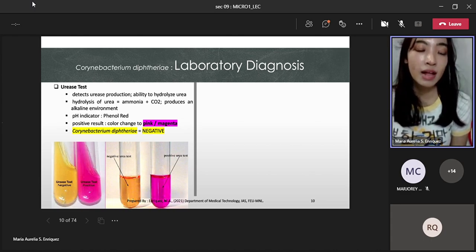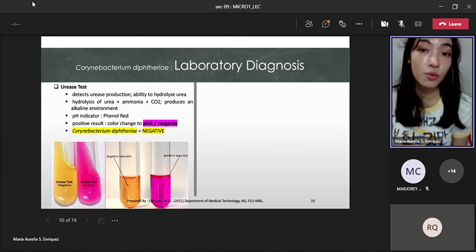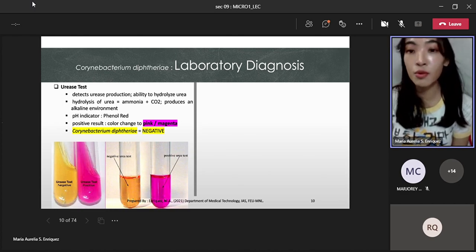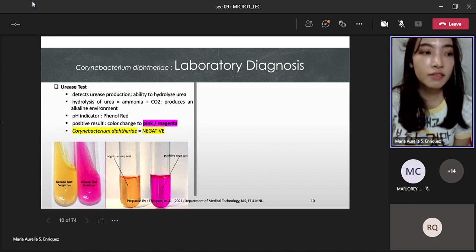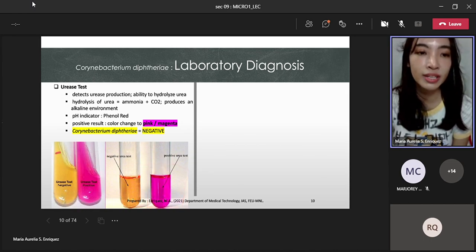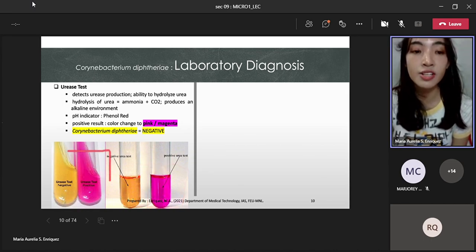Now, with the help of the pH indicator, which is phenol red, madidetect po niya yung change in alkaline. So a positive result is indicated by a pink or magenta colored change within the test media. As you can see right here, pwede po tayong gumamit ng solution or pwede tayong gumamit ng agar slant.